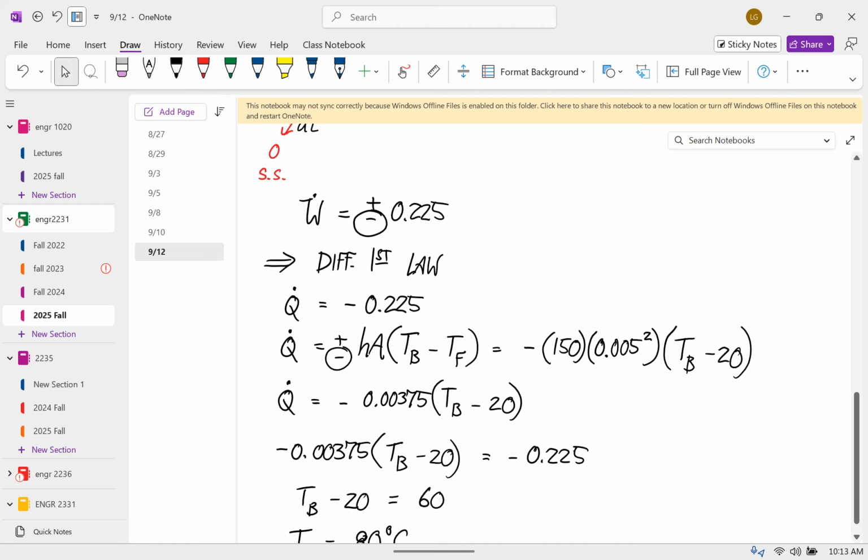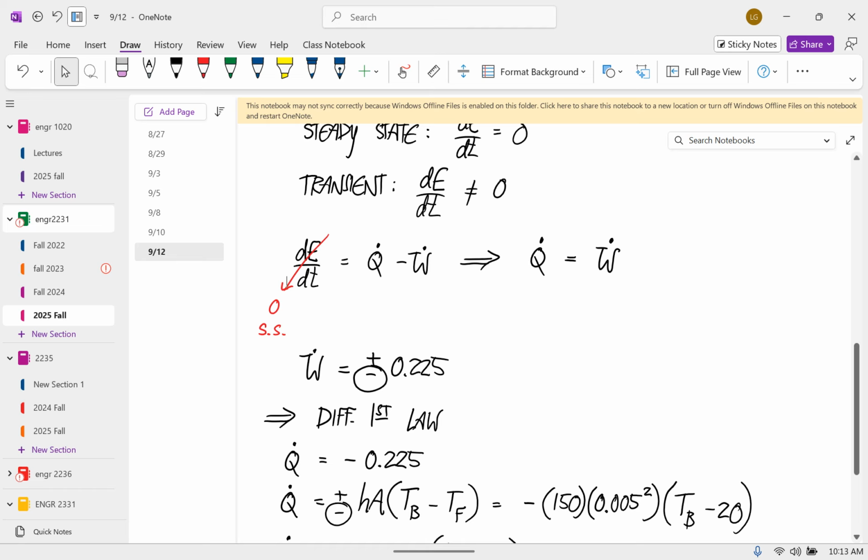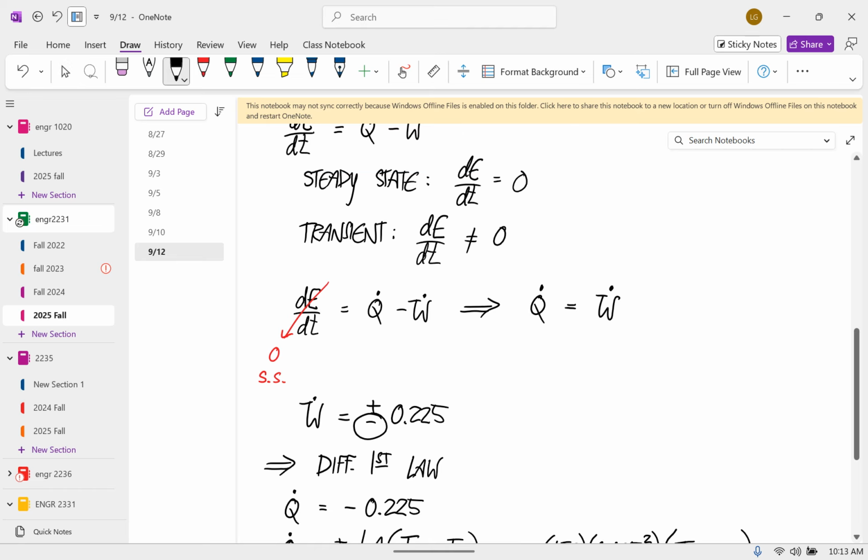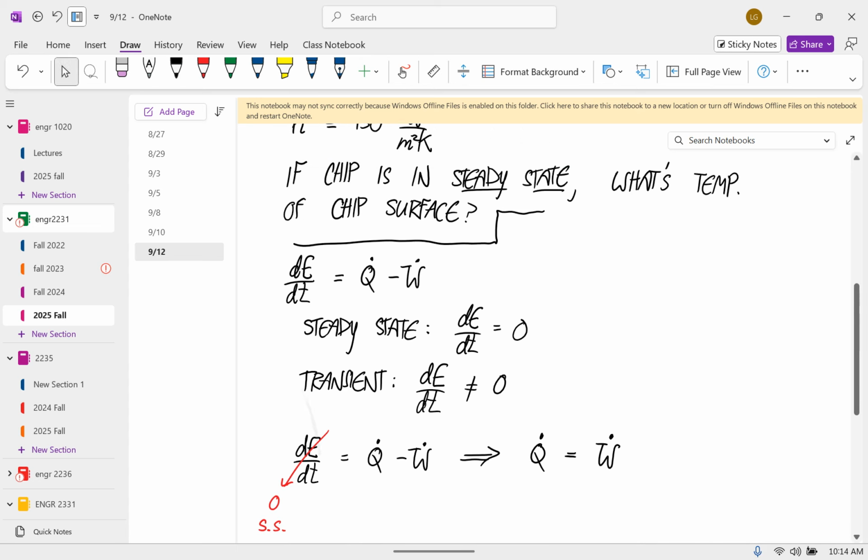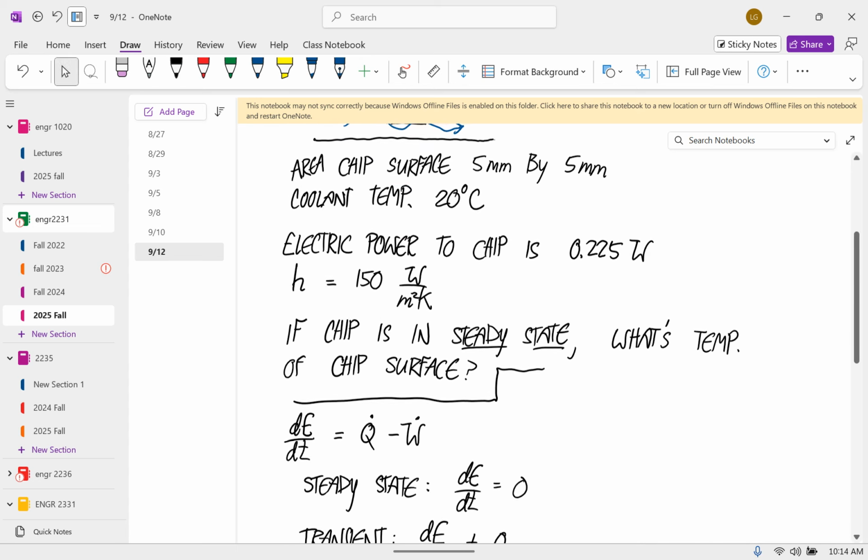Okay, well, starting with the differential form of the first law, in steady state, we just get that 0 is equal to Q dot minus W dot. And so the result of that for any steady state use of the differential form of the first law is that Q dot is equal to W dot. And we were given enough information to figure out what W dot is. It said that electric power goes to the chip at this rate.